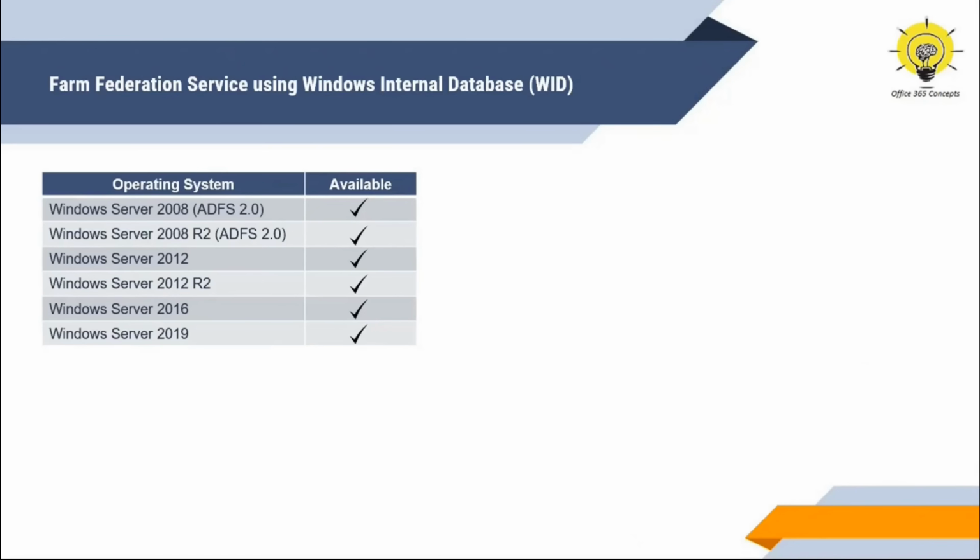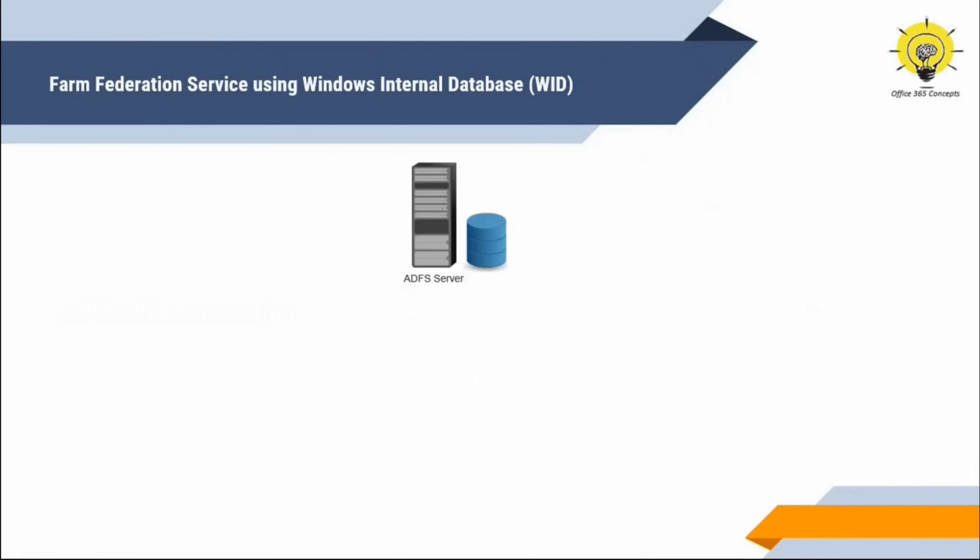When we install ADFS server role, we can choose if we want to install ADFS with default method or we want to install it using SQL instance. If we select default method, in that case, Windows Internal Database or WID gets installed with ADFS server.